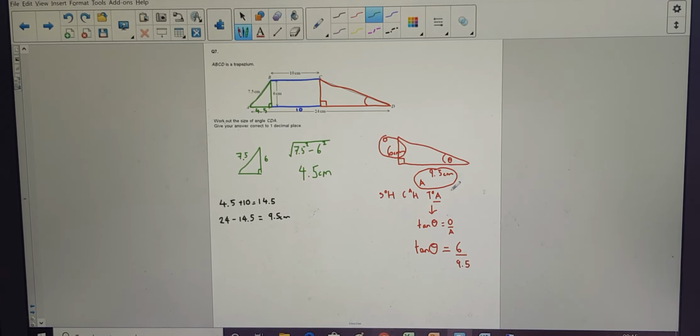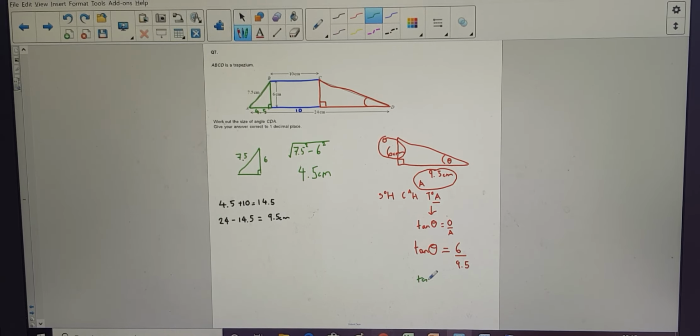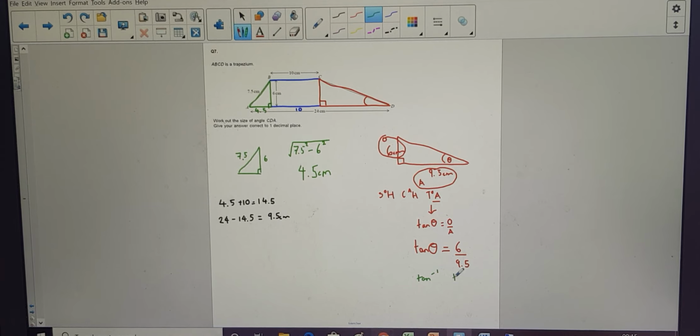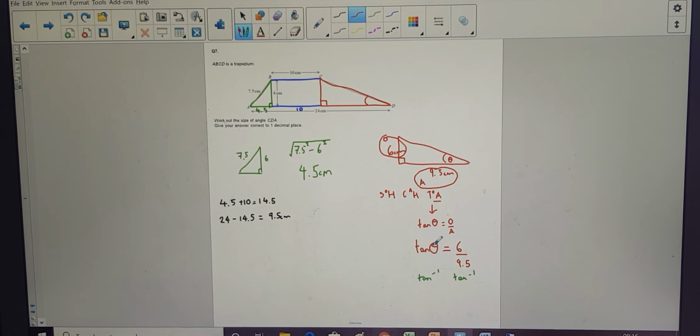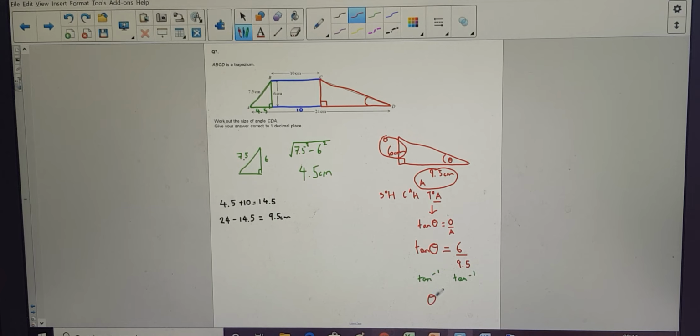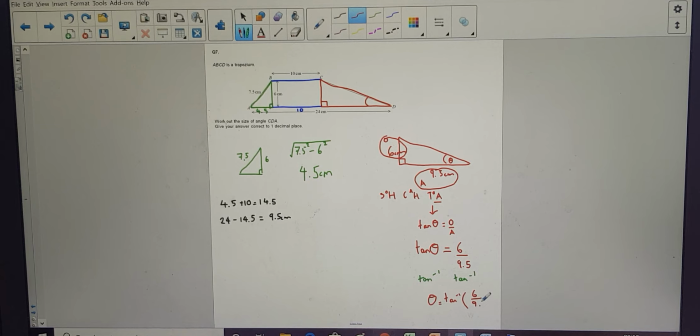The inverse operation of tan of an angle will be inverse tan, or tan to the minus 1. So when I do that operation, the tans will cancel, just leaving me with theta equals inverse tan of 6 over 9.5.